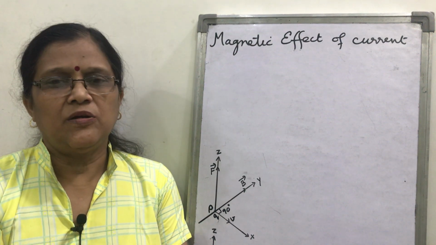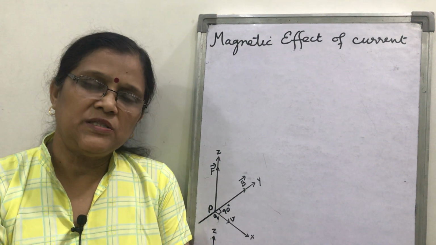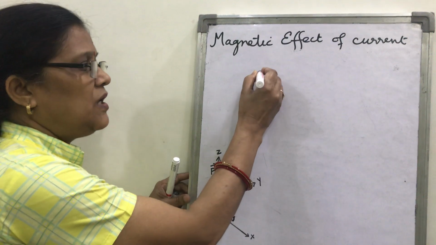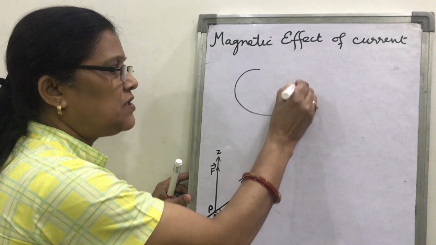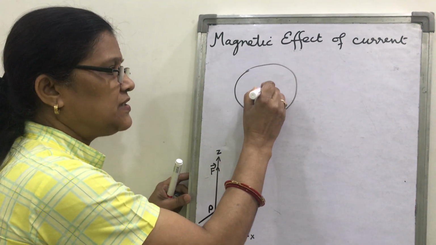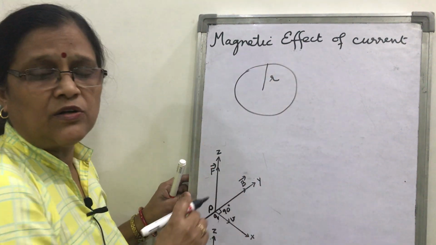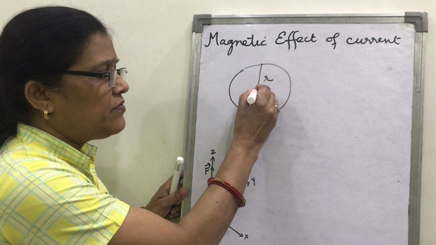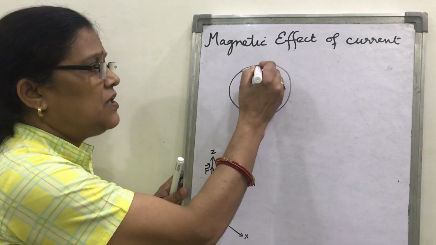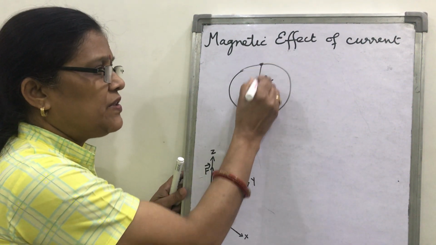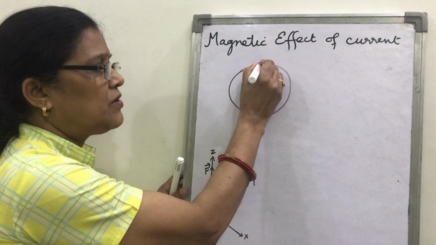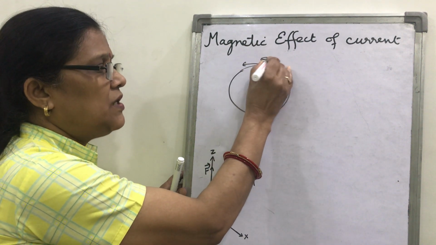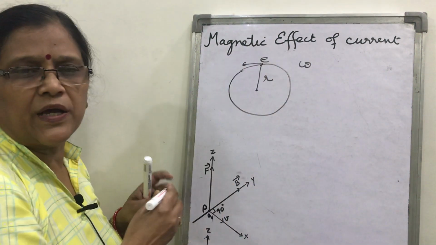Suppose this is an electron, and it moves in a circular orbit of radius r. This question is also asked in examinations: what will be the magnetic field at its center if the electron moves in a circular orbit of radius r, and its angular velocity is given as omega?